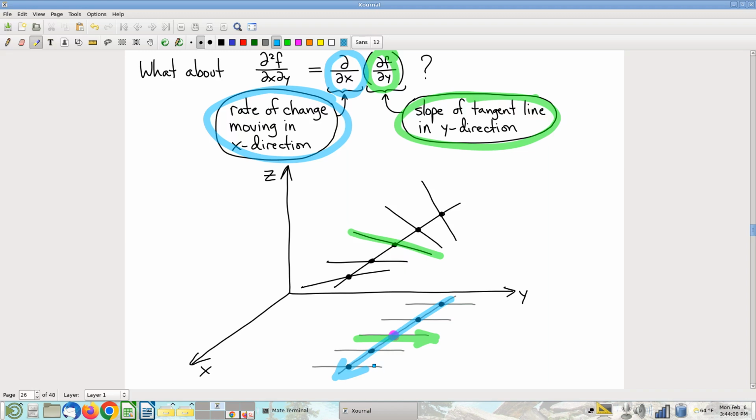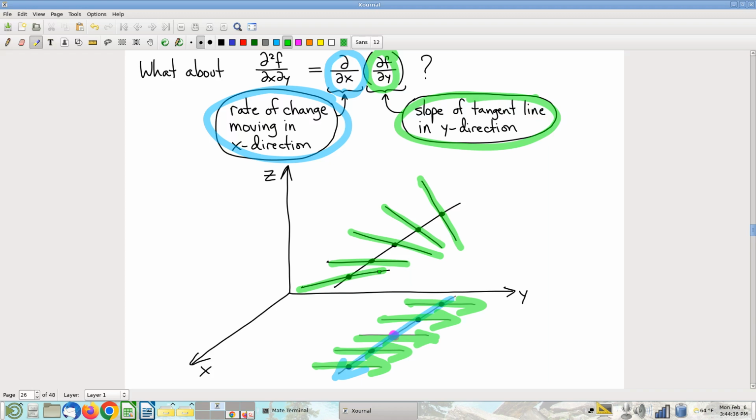What I've got to do then is draw a few more examples of y partials back here as I move in the y direction. Let's suppose that's what that tangent line looks like. Over here, maybe the tangent line is like that, et cetera. One could imagine various different tangent lines in the y direction as I move in the x direction.